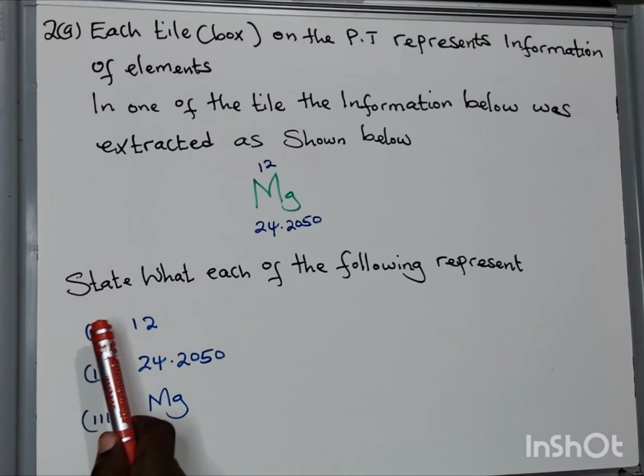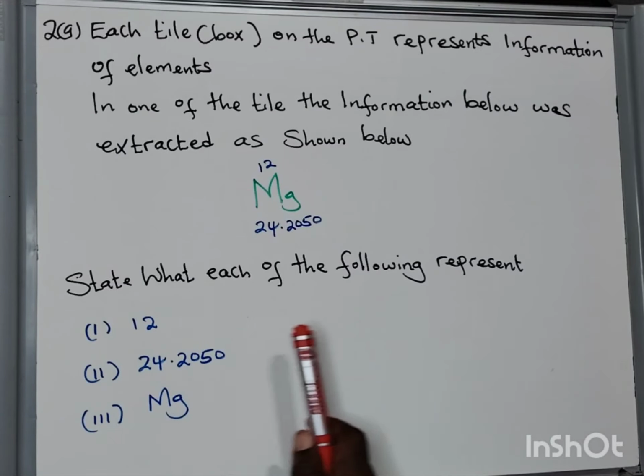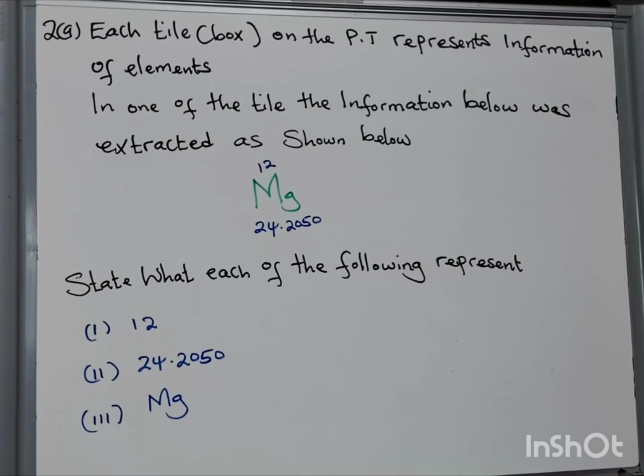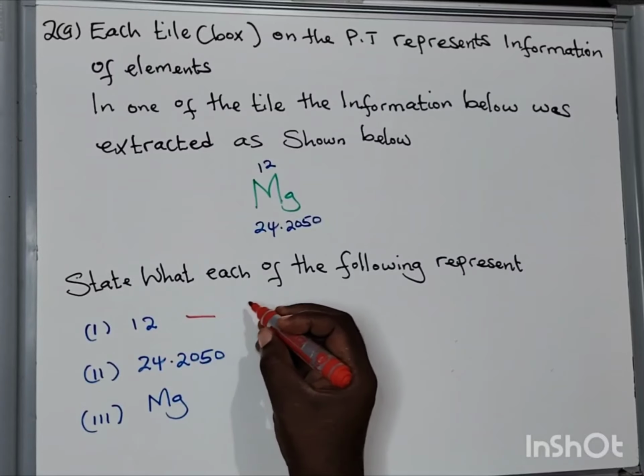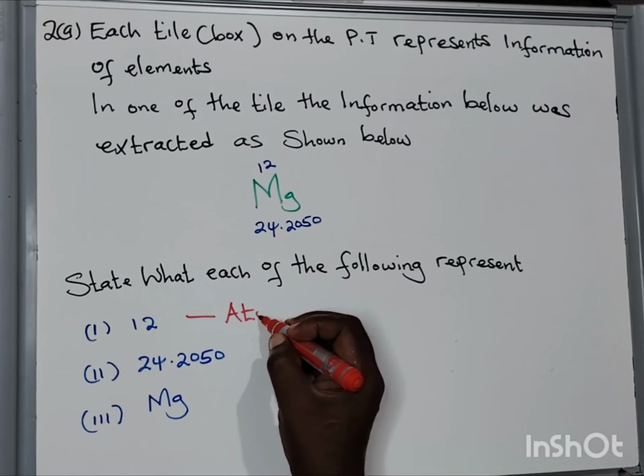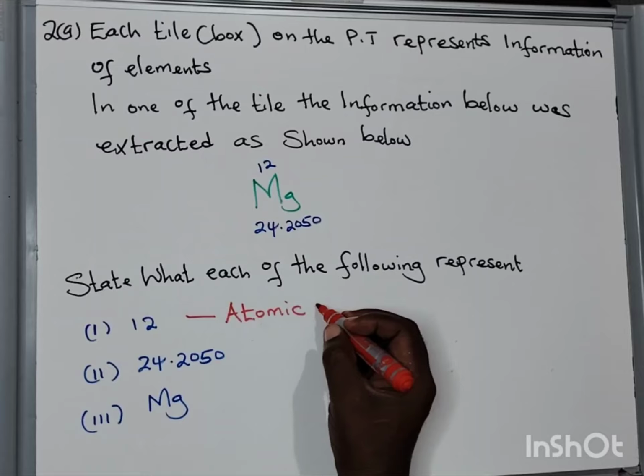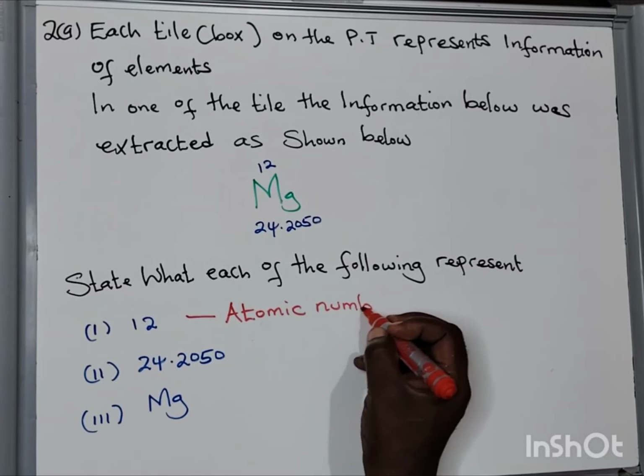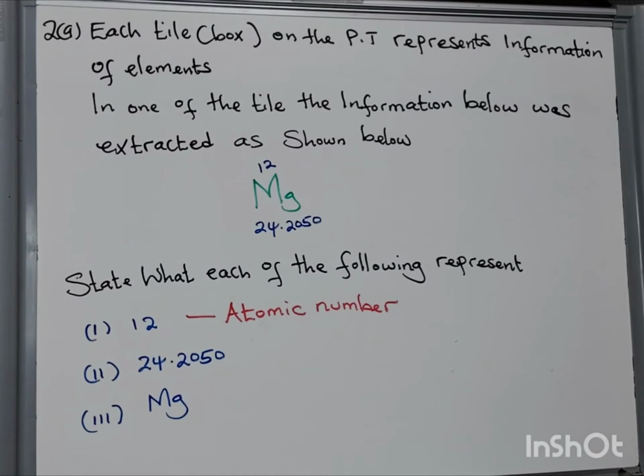And the question says, state what each of the following represents. So what does 12 represent? 12 represents the atomic number. Then what does 24.2050 represent?